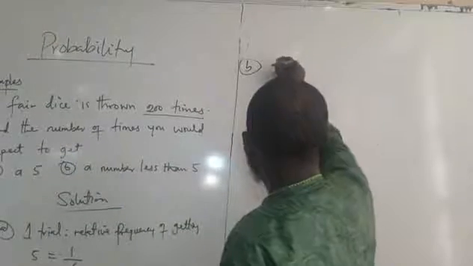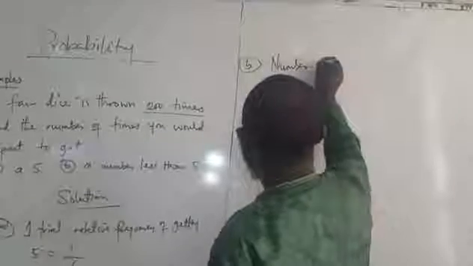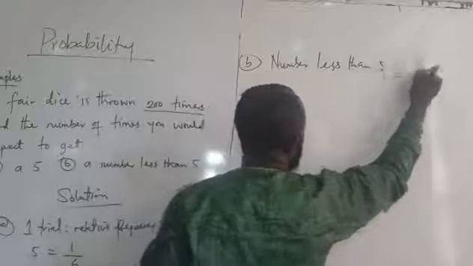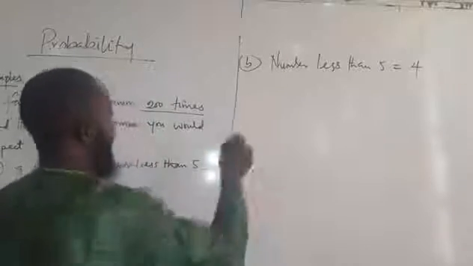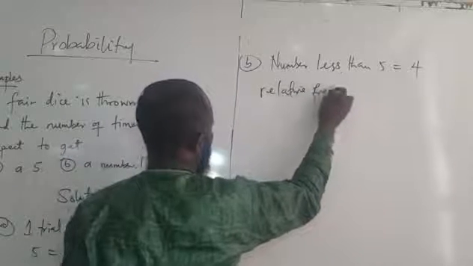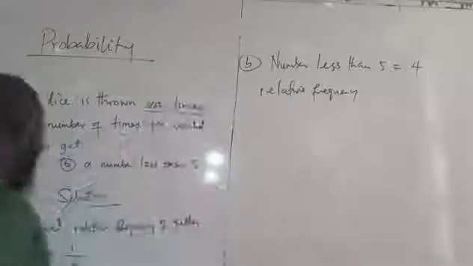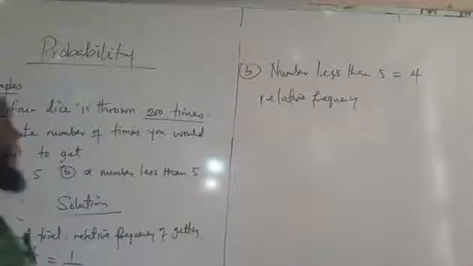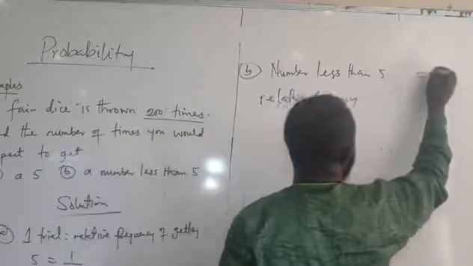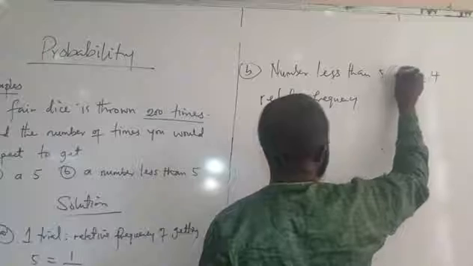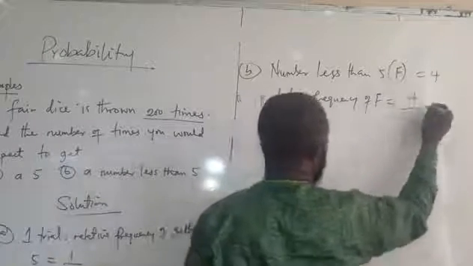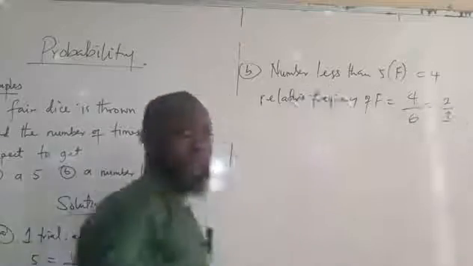So there are just 4 of them. The relative frequency of a number less than 5, let it be F, will be 4 divided by 6, which is 2 over 3.